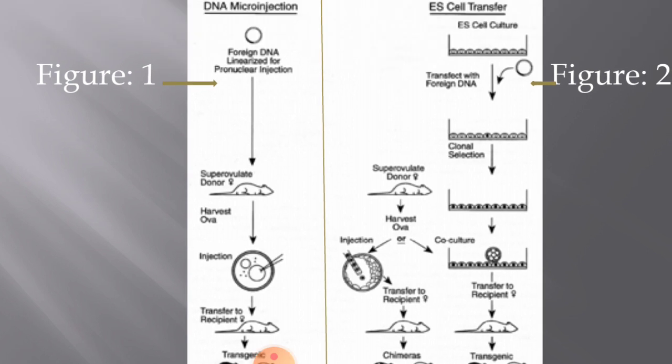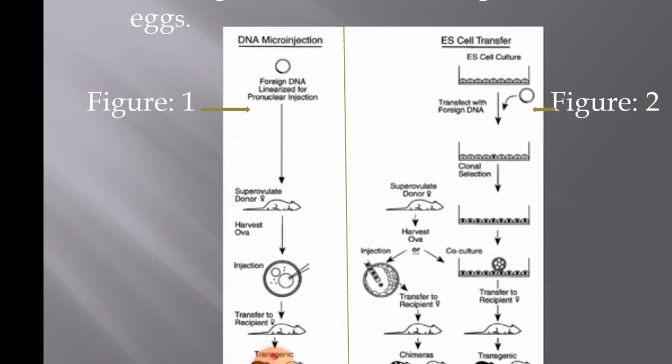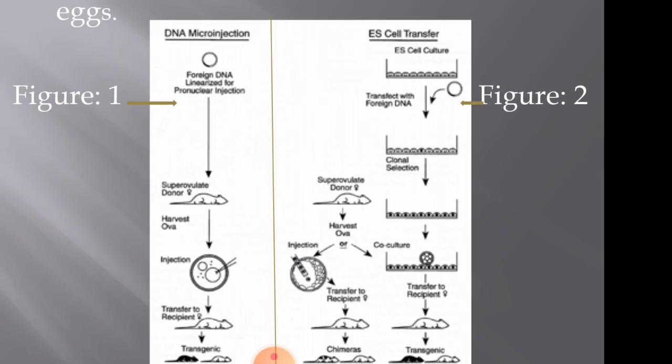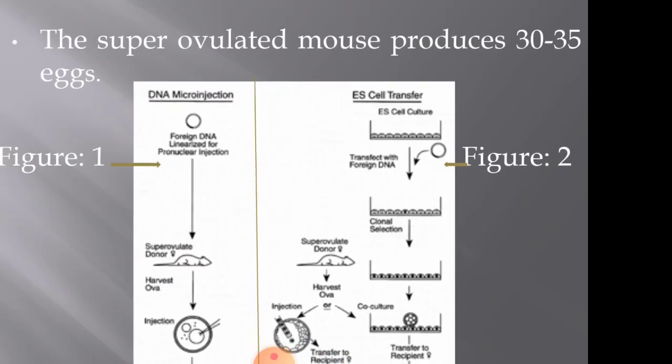So this diagram shows you the production of transgenic mice by the embryonic stem cell culture method. Now let us come back to the original slide.